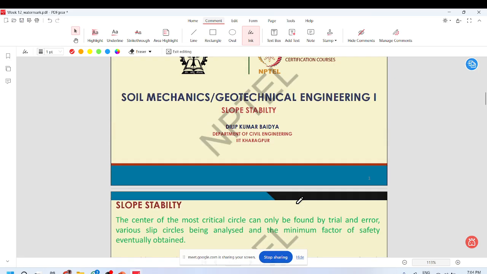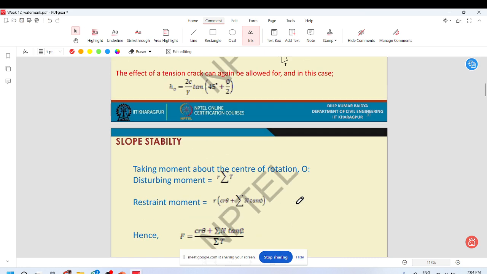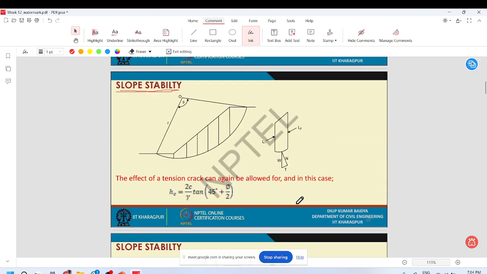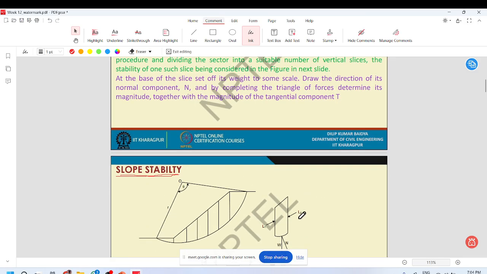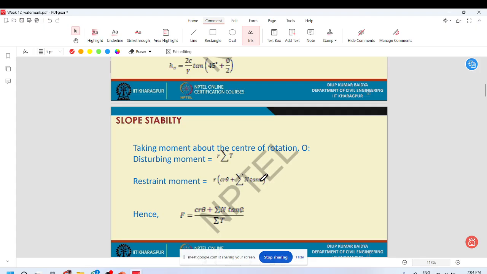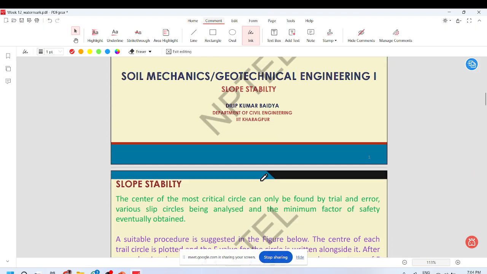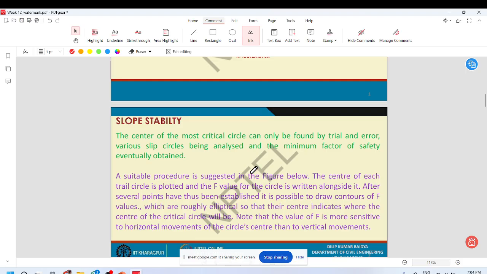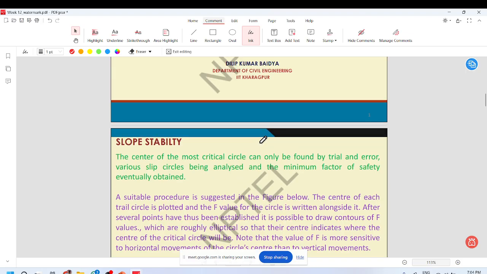Okay, we're talking about slope stability. In these cases, the center of the most critical circle can only be found by trial and error.